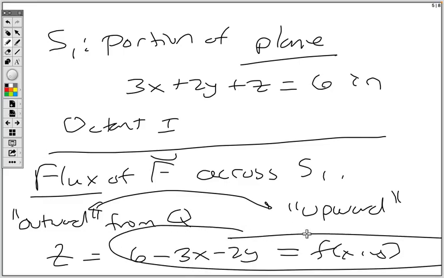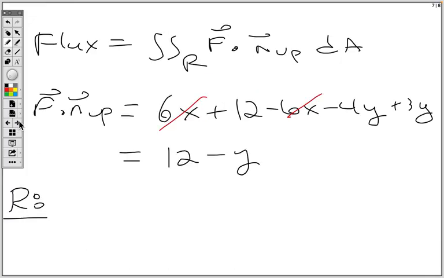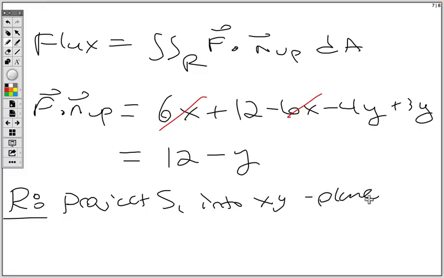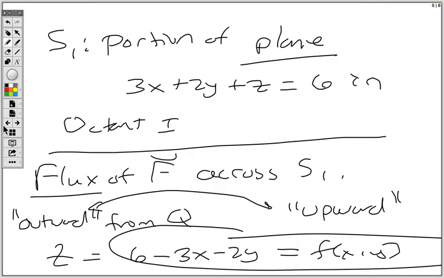So the way I get my region R is I have to project S1 into the xy plane. So I go back and think about what we talked about at the end of the second week of class.